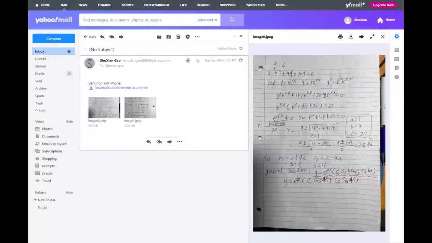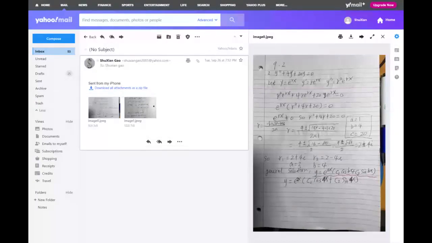So when they come like this, we have a theorem. If the characteristic equation has a pair of complex conjugate roots, a plus or minus bi, then the corresponding general solution of the homogeneous equation is y equals e to the ax times c1 cosine bx plus c2 times sine bx.